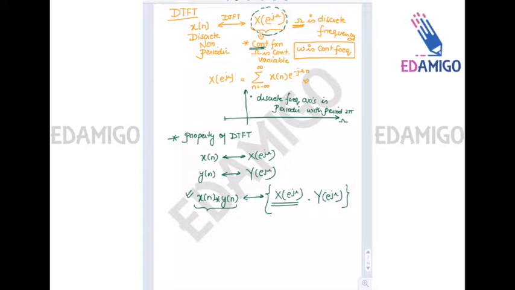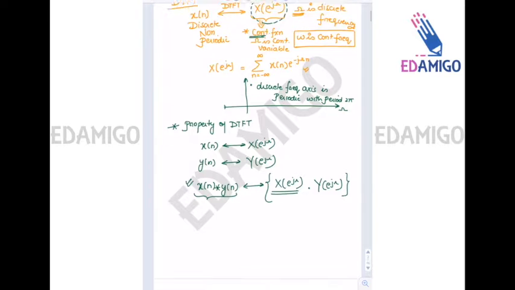This is the convolution in time property that you have already read. I am assuming that DTFT is already completed by you. Even if you have not completed these two properties, you all know them, because these are very simple properties.